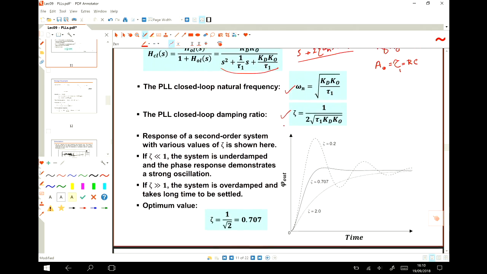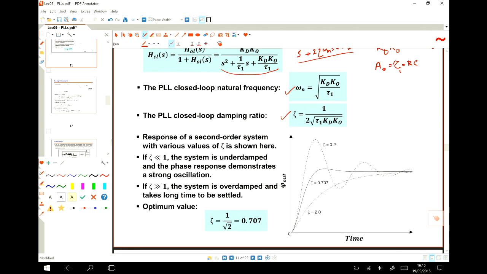All right. To have the best performance for this system, we have to apply this condition to achieve this shape. If we apply, for example, a zeta equal to 0.2, then our stability is like this.